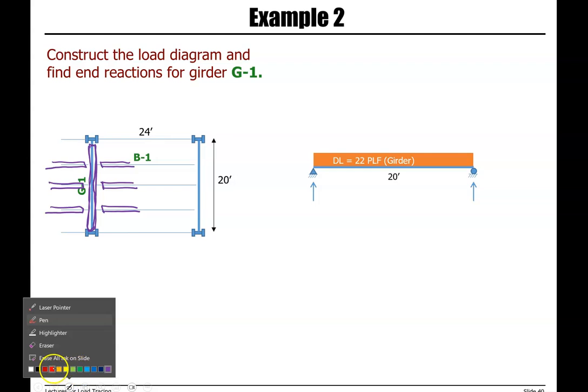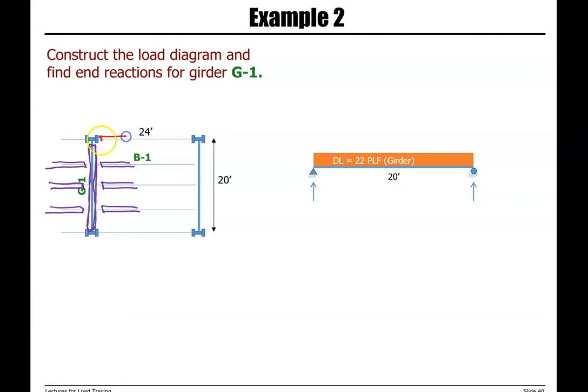Pay attention that these two beams here are connected to the column. So they don't transfer anything to the girder. The load goes to the column from the end beams. So we don't need to include them in our calculation.